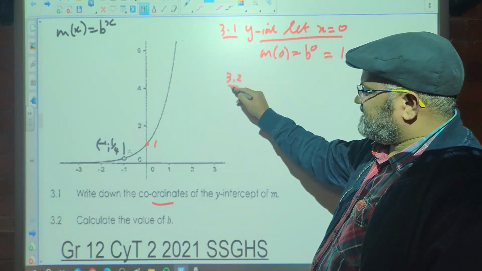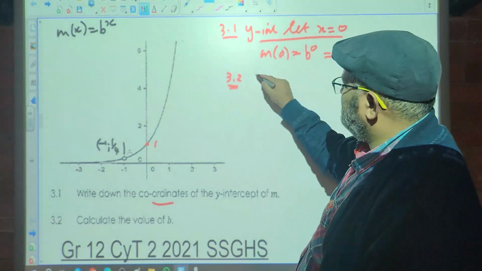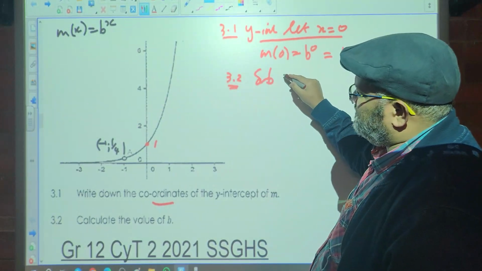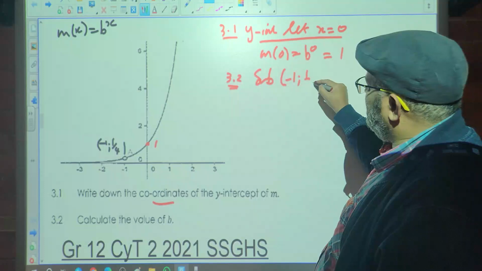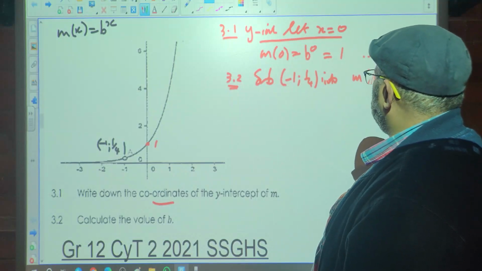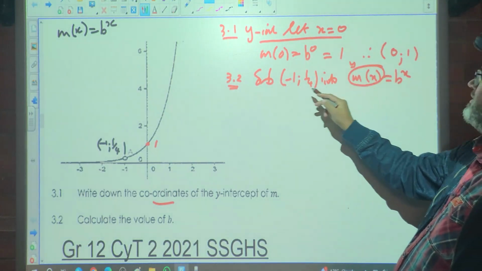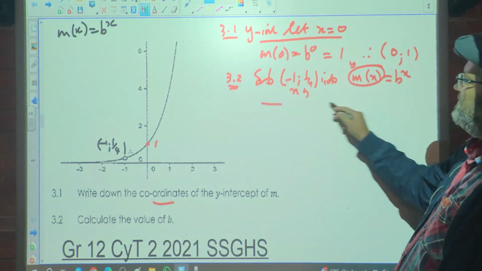3.2, the question then says calculate the value of b. As you can see, there is one unknown there. We just need 1 point. We'll substitute -1.25 and 1/4 into m of x equals b to the x. Remember, this is a y, that's an x and a y.